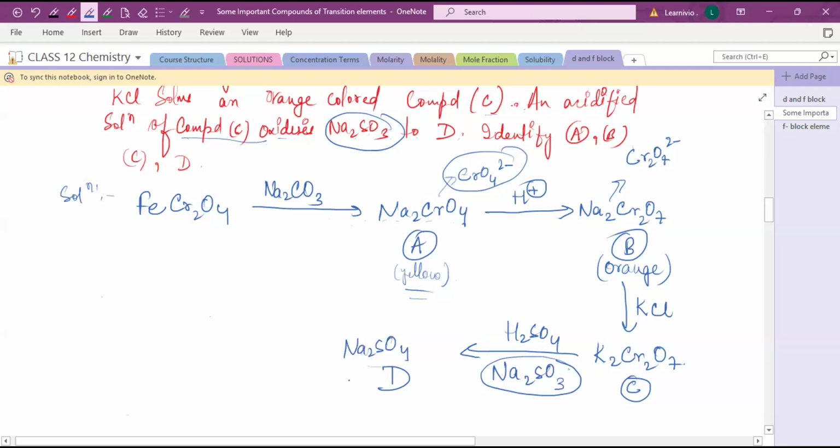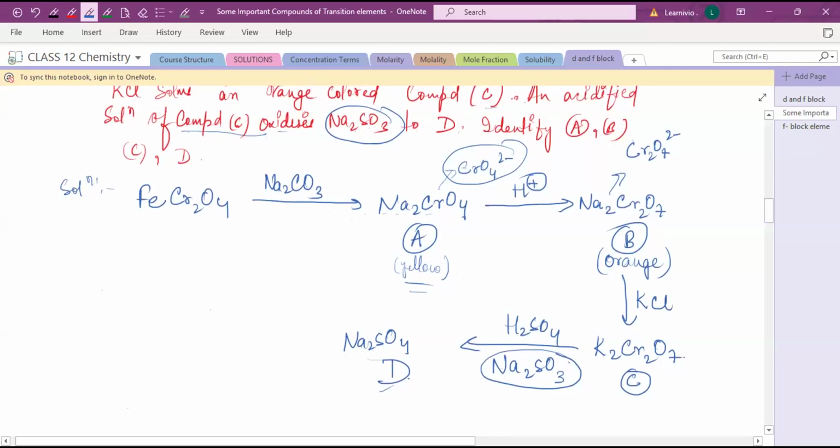One oxygen will add up here and give you Na2SO4. So this is your compound D. Is it clear to everyone? Yes, ma'am. Okay, so this Na2SO4 is D.